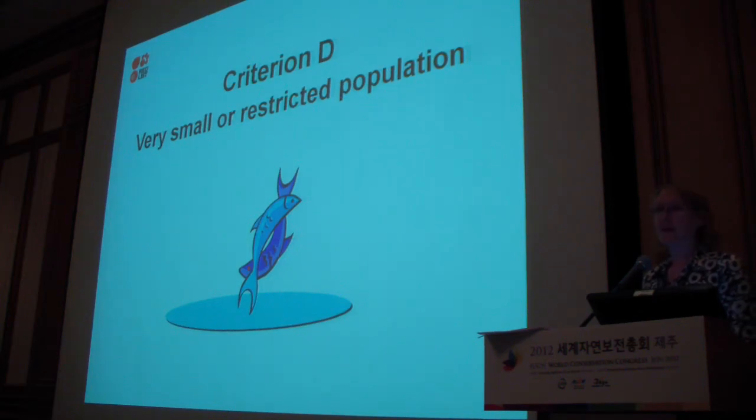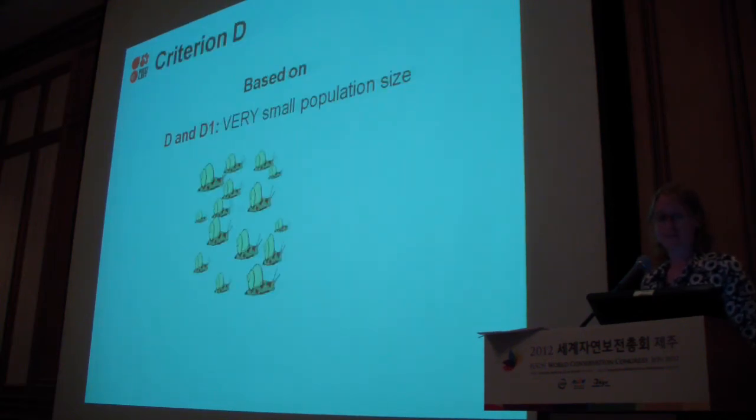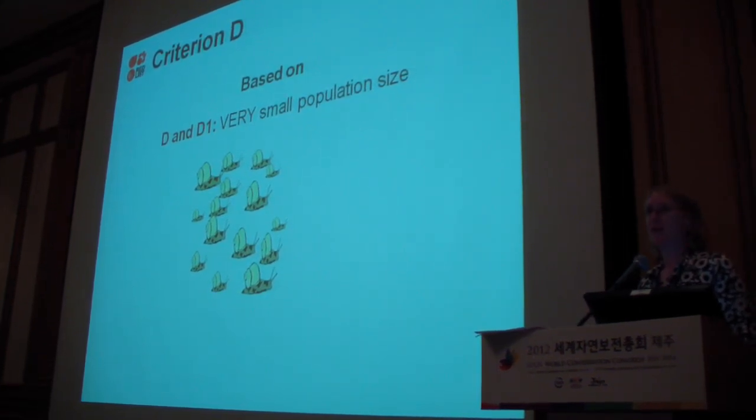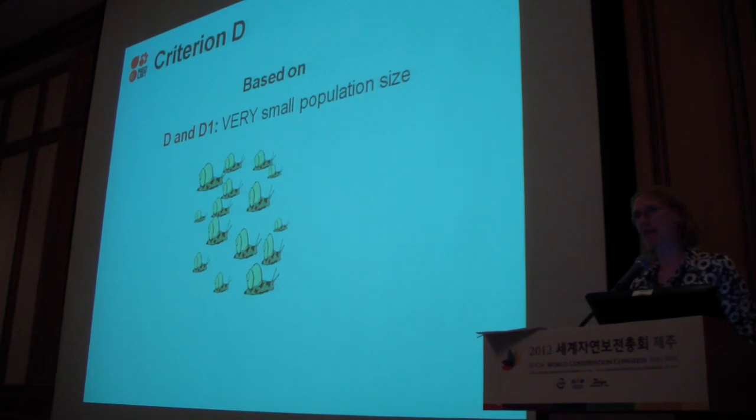Criterion D covers that kind of scenario. Again, it's a slightly odd criterion because there's a criterion D, there's a D1 and there's a D2. Criterion D and D1 are based solely on having a very small population size. I'll go into what D1 and D2 mean in a second.